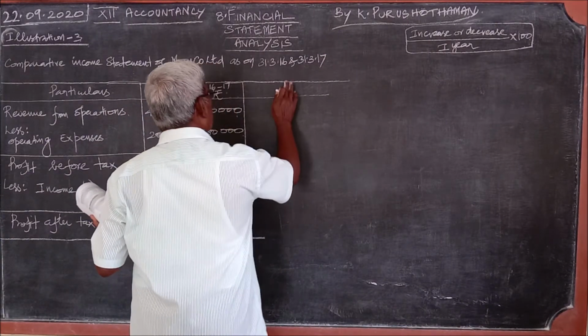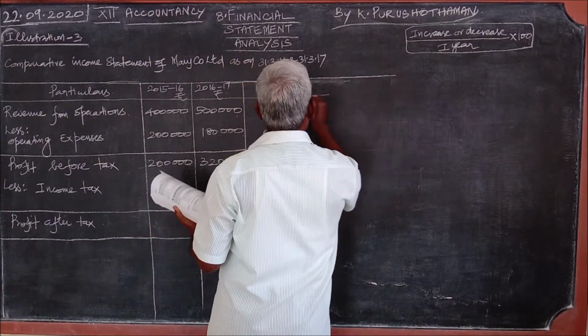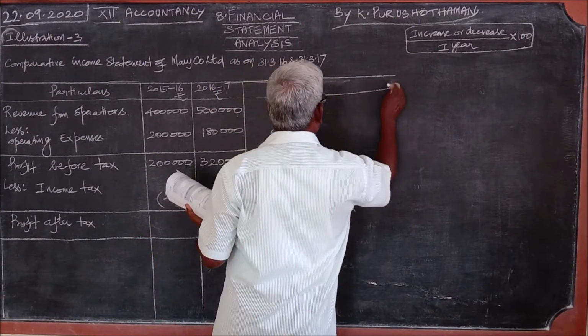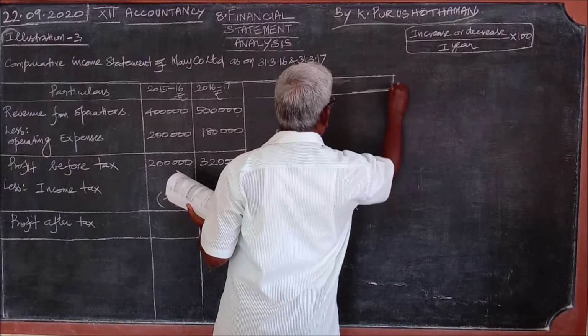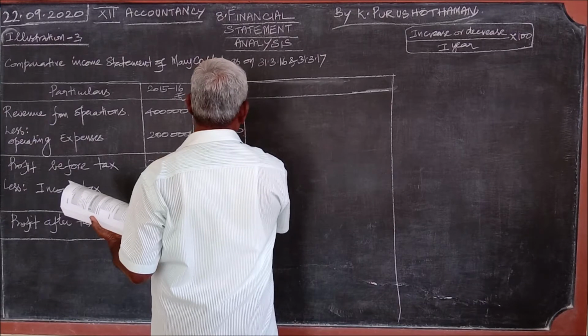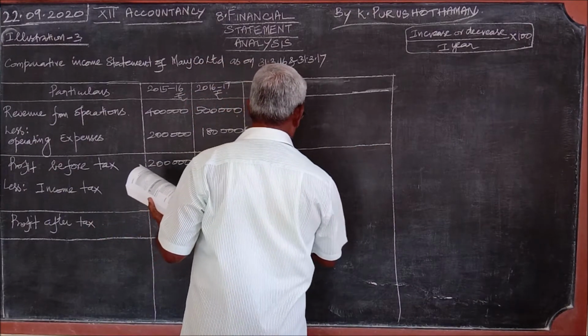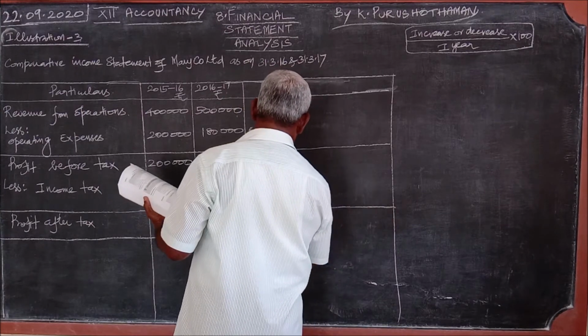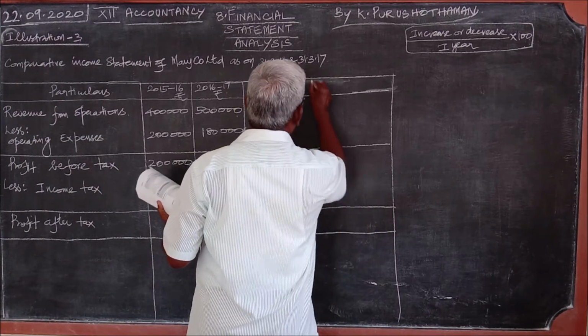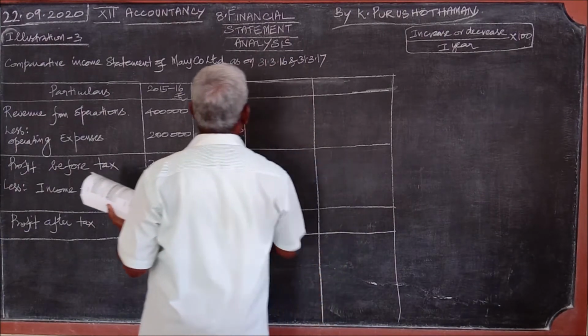And what are the 2 more columns we are supposed to draw? One for the absolute amount of increase or decrease, the other one for the percentage of increase or decrease.